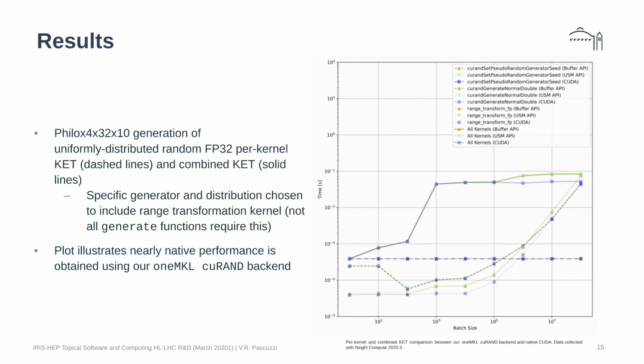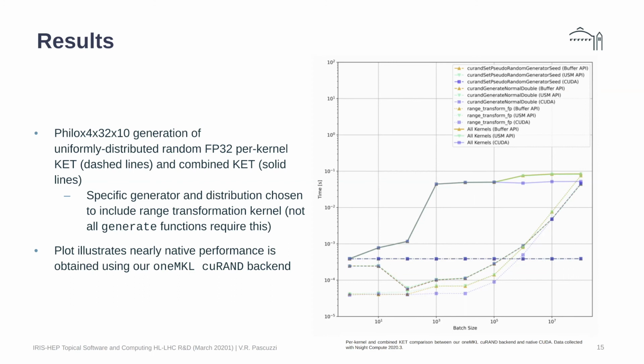So just to get into the details a little bit of this plot, this is a breakdown of each of the 3 kernels that are launched in our test applications. The first one is just the random generation seeding, which is basically the constant dot-dash line at around between 10 to the negative 4 and 10 to the negative 3.